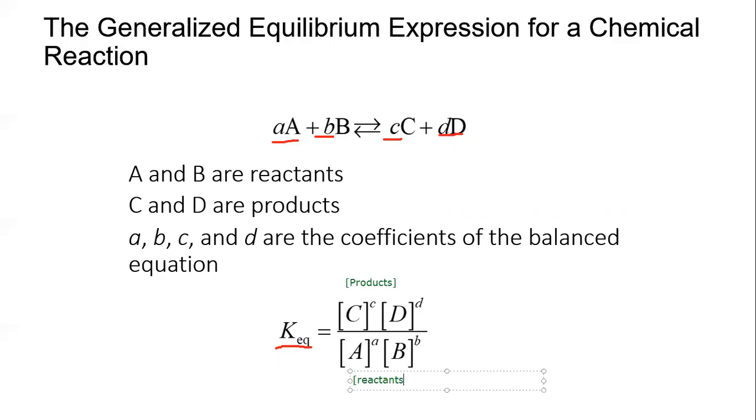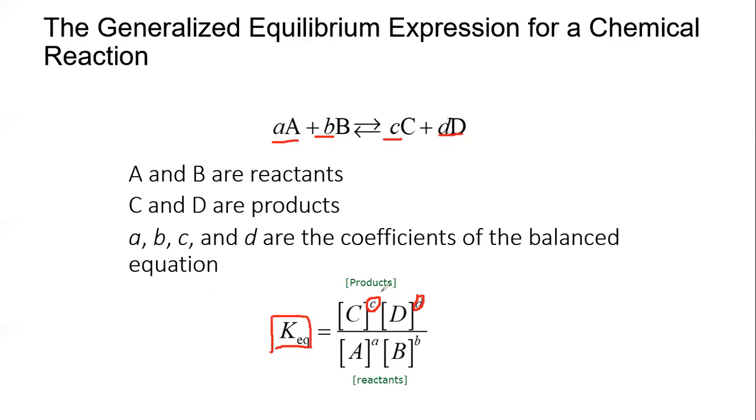And this is always for equilibrium expressions. You always put the products on top, you put the reactants on the bottom, and then the coefficients of the reactants and products are written as superscripts. Whatever number is in front of the reactant or product, we raise the concentration of that reactant or product to that power. This is how we determine the equilibrium constant, which is this big K here.